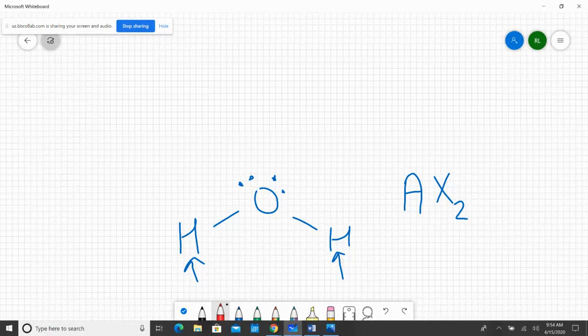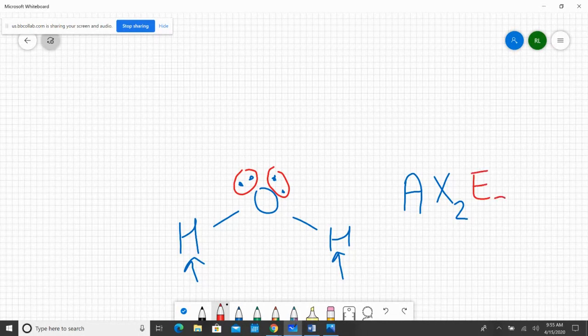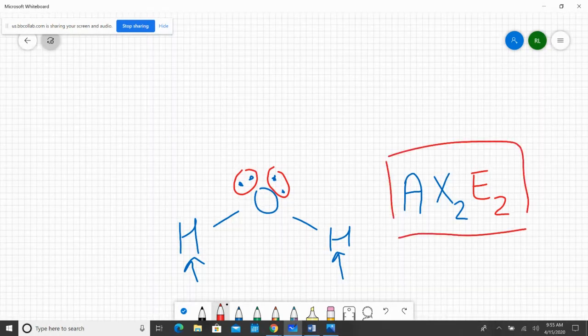I'm not counting the lone pairs of electrons on my terminal atoms. So one lone pair, two lone pairs. So I can write down AX2E2. Again, I'm counting the lone pairs, not the total number of electrons in those lone pairs. Just count the lone pairs. That means I came up with the notation AX2E2.